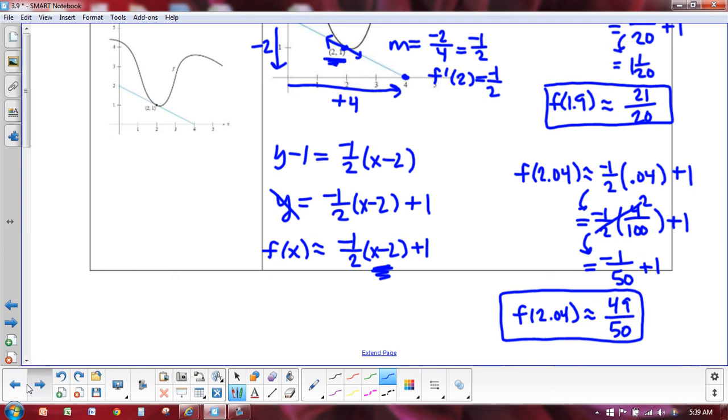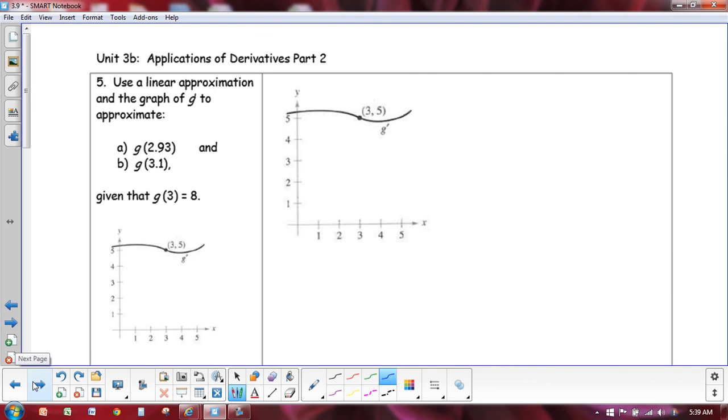Well, if you go read the question, they tell you that g of 3 is 8. So g of 3 being 8, and that's in the original g function, your point is 3 comma 8. So I have my slope and I have my point, and I can then write my tangent line. Y minus 8 equals, my slope was 5, times the quantity x minus 3.